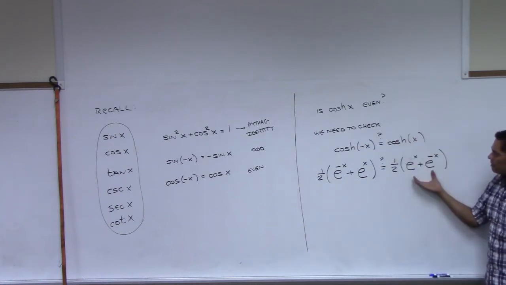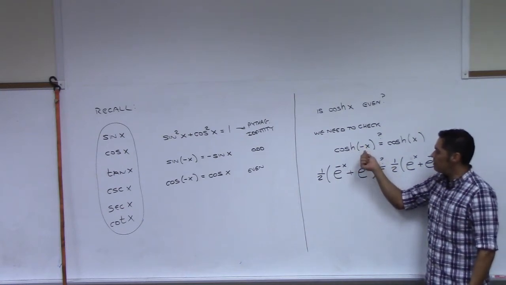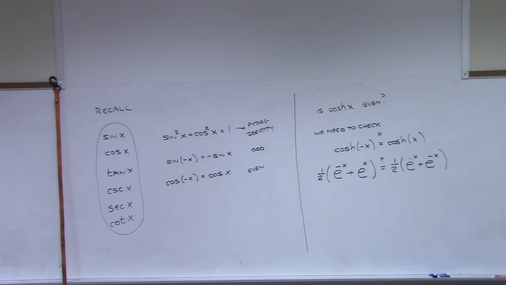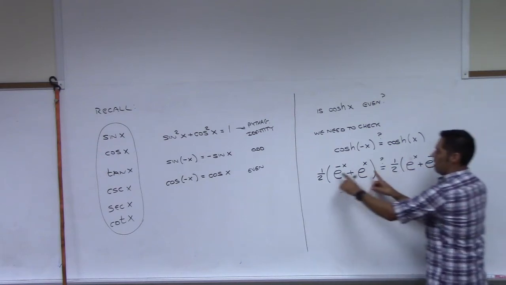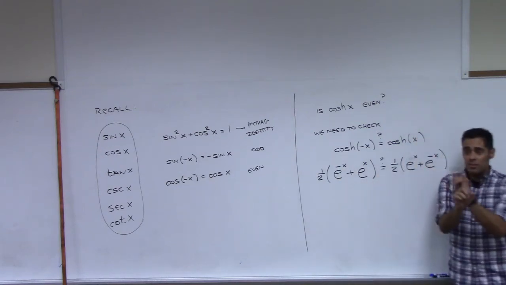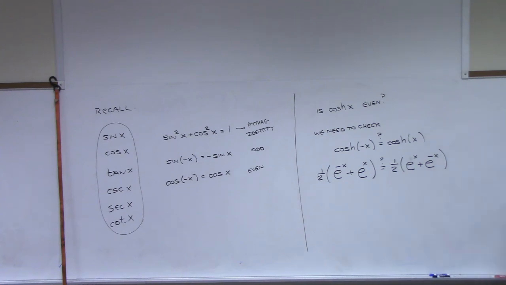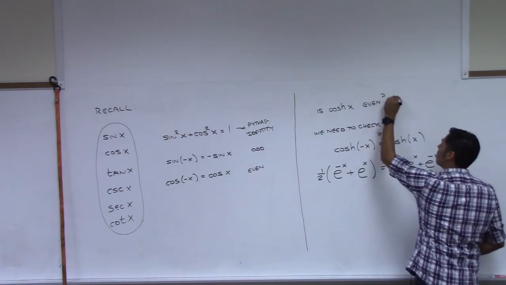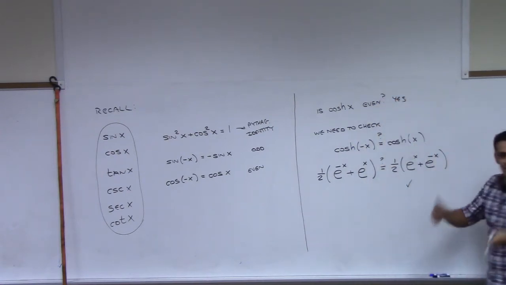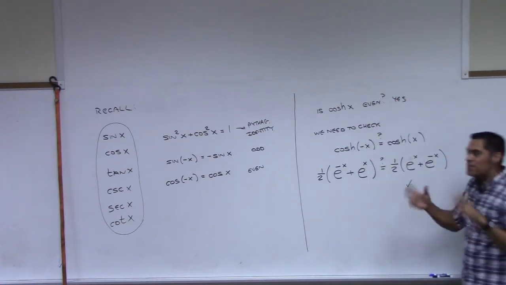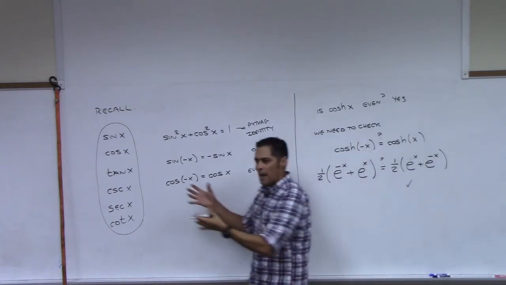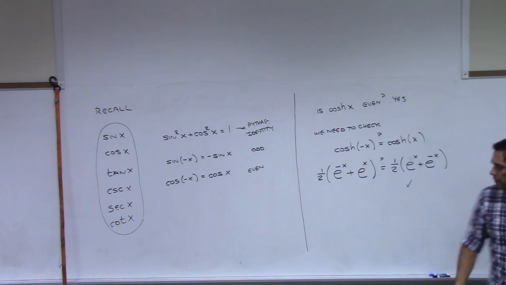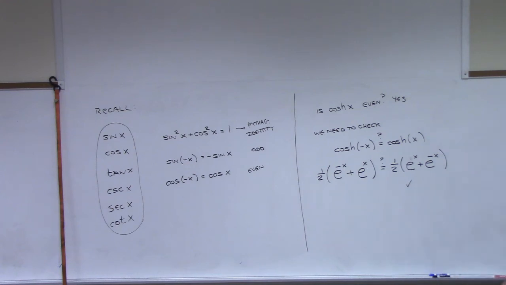This is what you get when you plug in negative x into cosine hyperbolic. Are these the same? Yes. These are in the wrong order, but that doesn't matter. It's addition, so no issues. Just flip them over. They're the same. So check. Is it even? Yes. So again, things are looking very symmetric in a way. The things that happened here appear to be happening here. How about the Pythagorean identity?